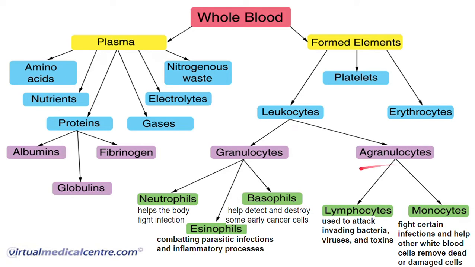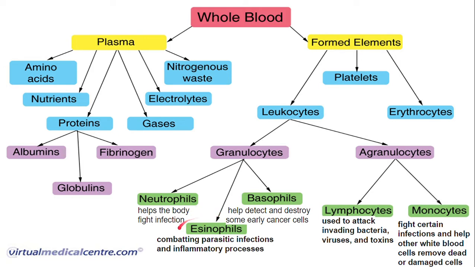In granulocytes we have three basic components: neutrophils, eosinophils and basophils. Let's discuss their primary functions right now. Neutrophils help the body fight infection. We have major kinds of infections, and neutrophils are the ones that help us fight those body infections.